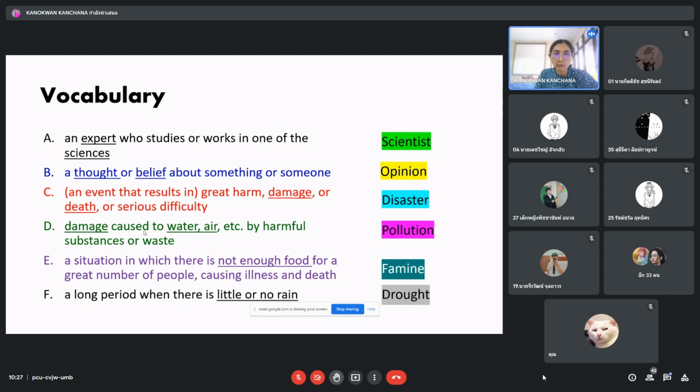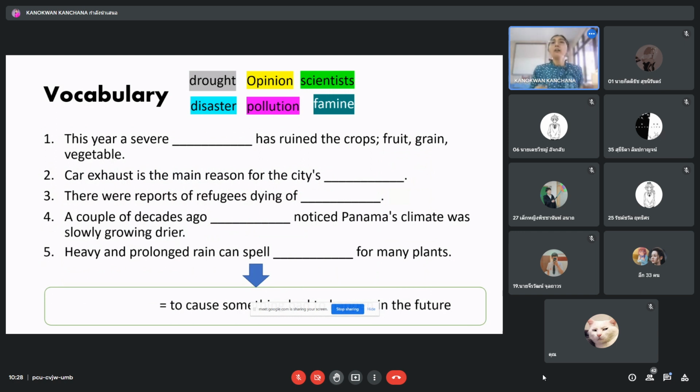And from that, you are able to adapt and use what you have learned from the picture and from the definition to complete the sentences using all the words, everyone.